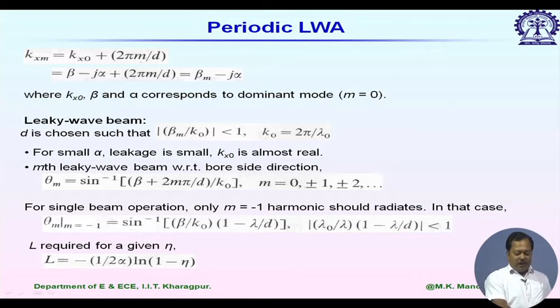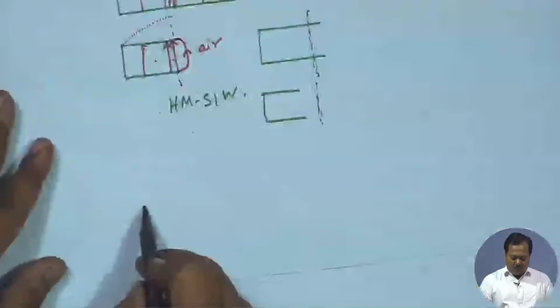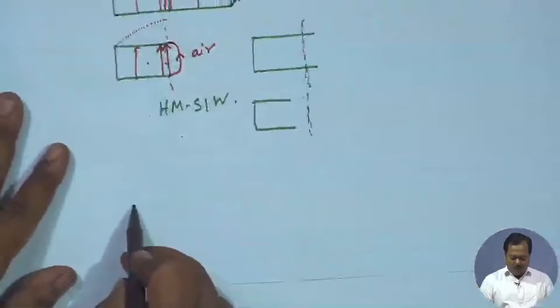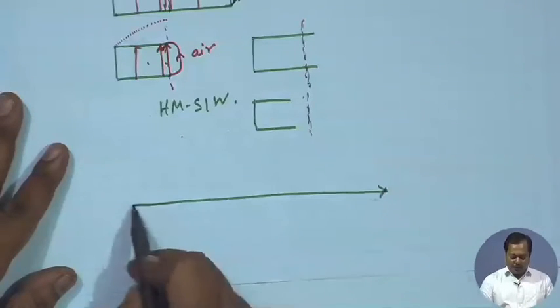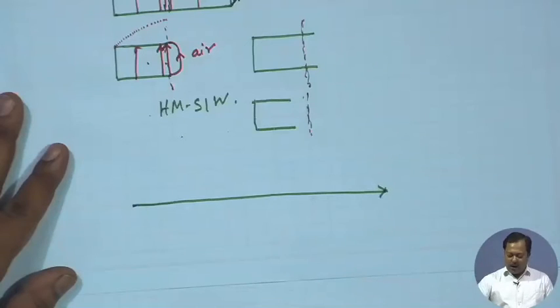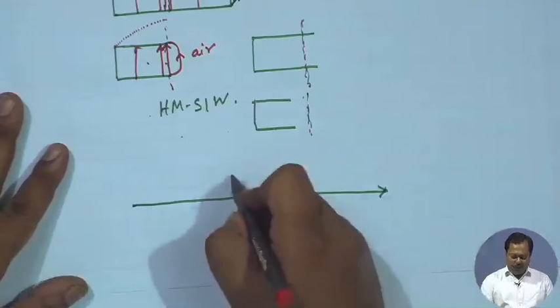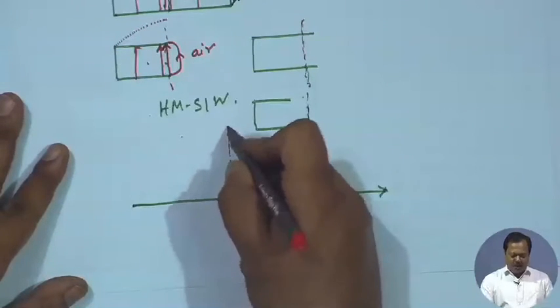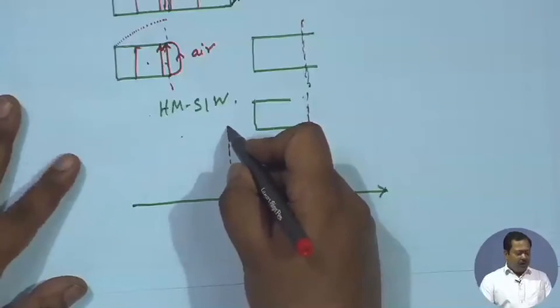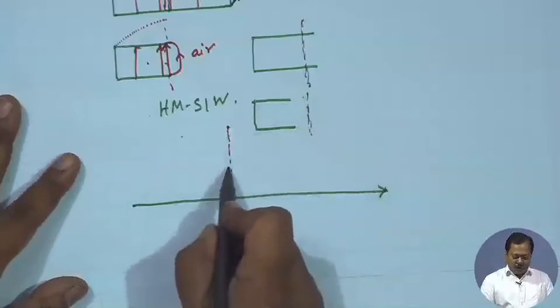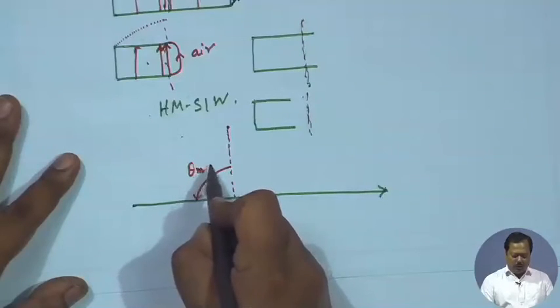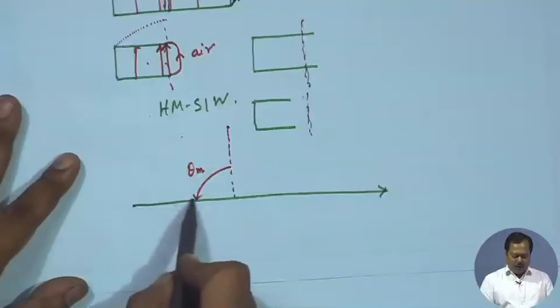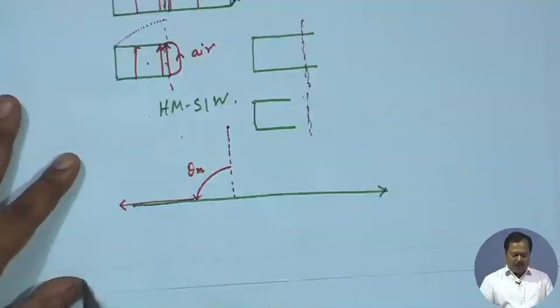So, let me draw this diagram better. Let us say we have the wave guiding structure, which I am showing by one line, and this is the broadside direction. When d equal to lambda by 2, then theta m is equal to minus 90 degree, and we have radiation in this direction.